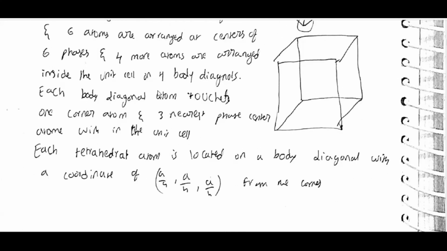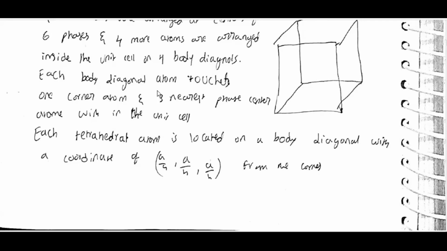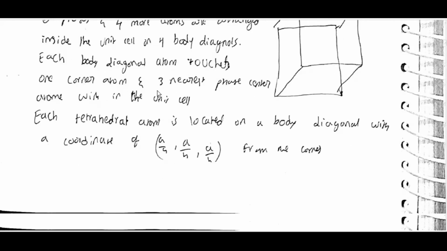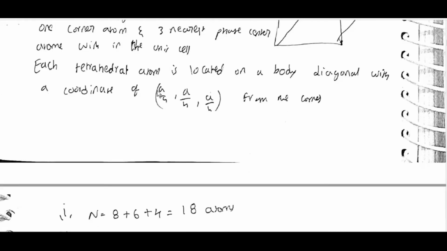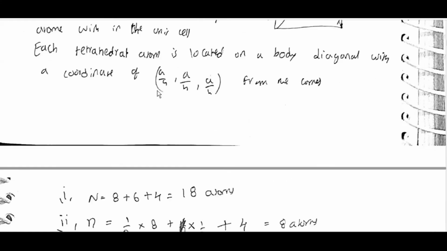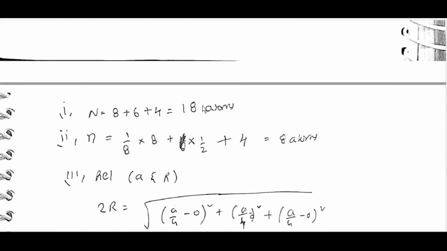Each body diagonal atom touches one corner atom and three nearest face center atoms within the unit cell. Each tetrahedral atom is located on a body diagonal with coordinates a by 4, a by 4, a by 4 from the corner. N is equal to 8 plus 6 plus 4: 8 corners, 6 face centers, then 4 inside, which is equal to 18 atoms.